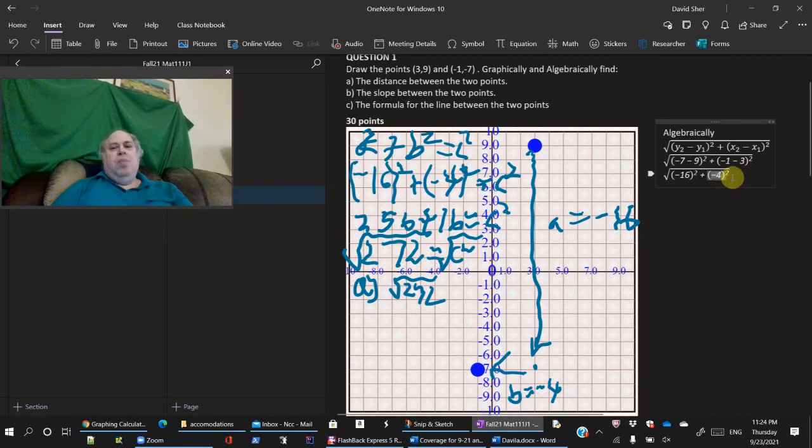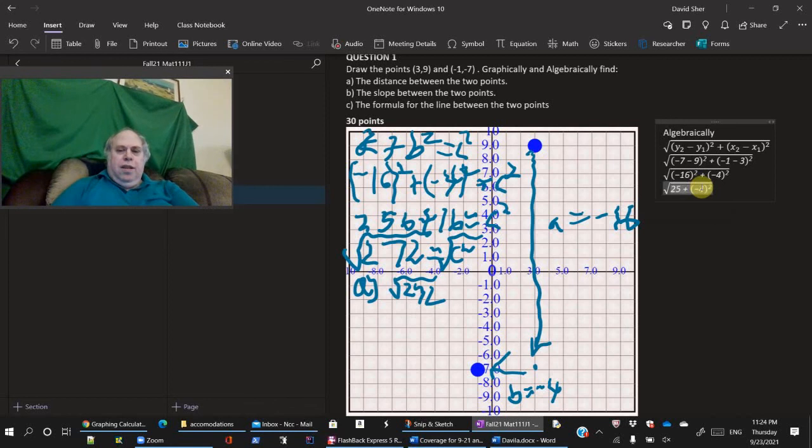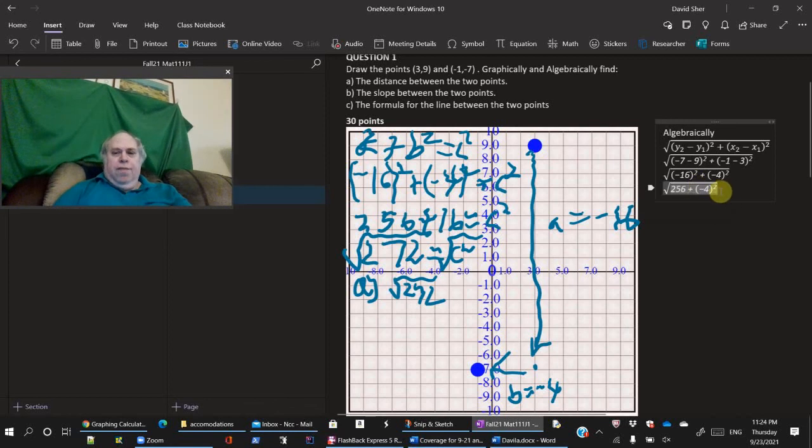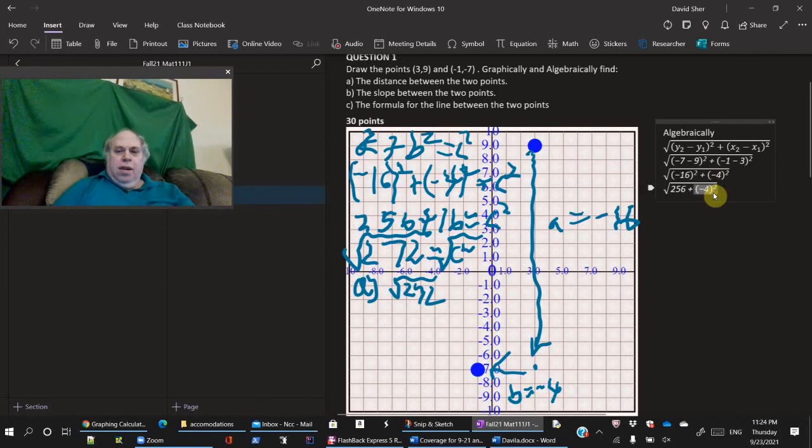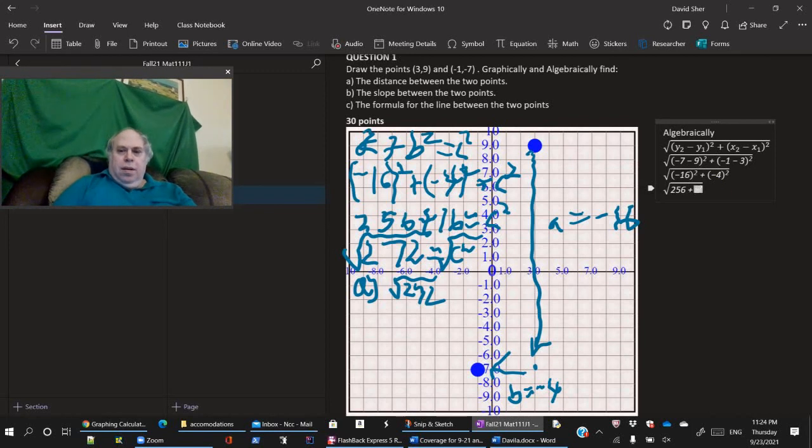At this point, we have exactly the same problem as before, except it's all in a square root. So -16 squared is 256, and -4 squared is 16.